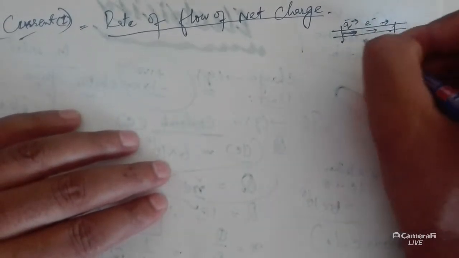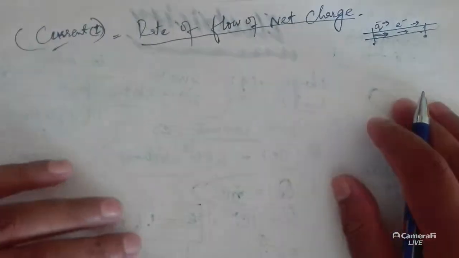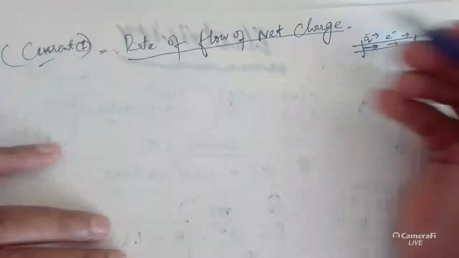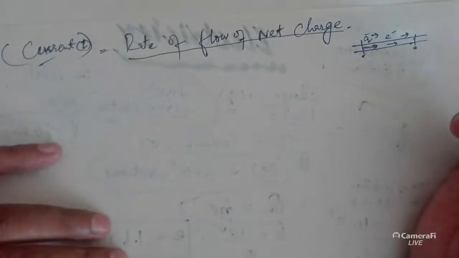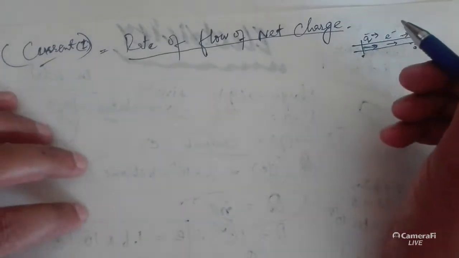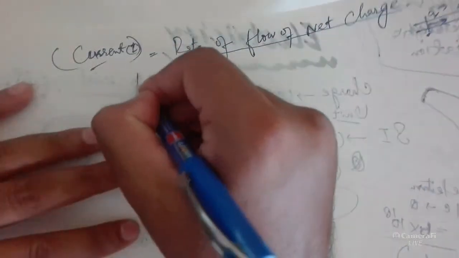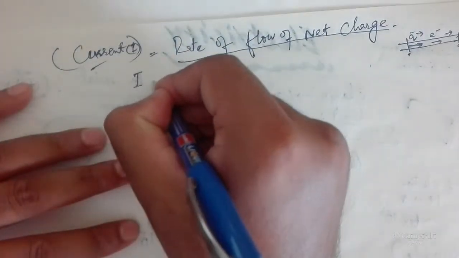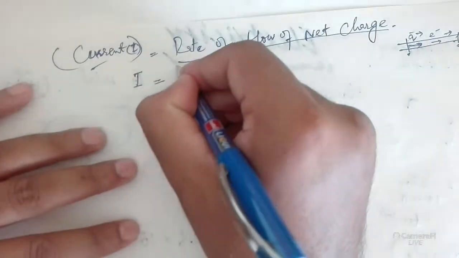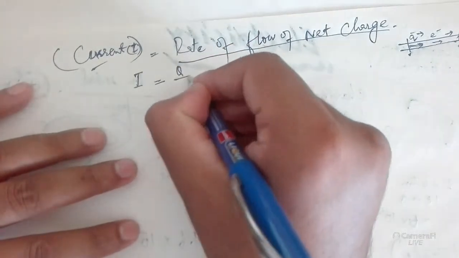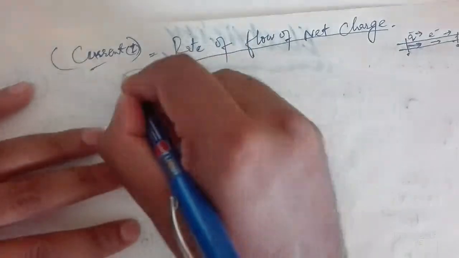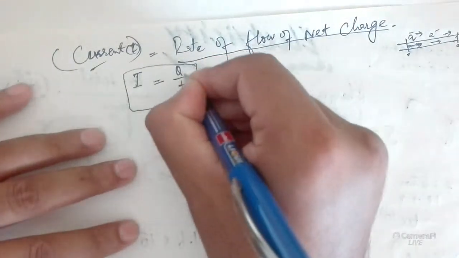That is called current. The rate of flow of net charge in any circuit is called current. Current is denoted by capital I, and the formula is I equals Q divided by t, the rate of flow of charge per unit time.